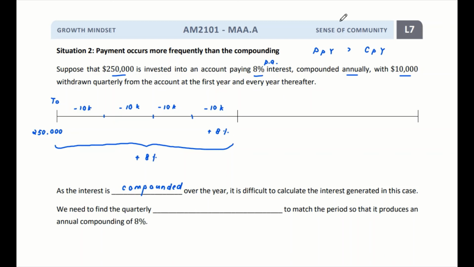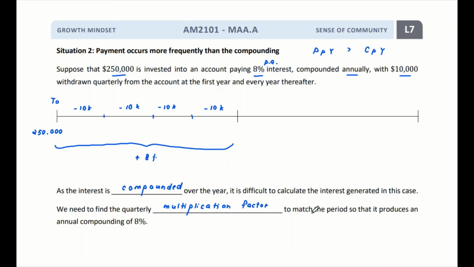So you realize that in this case, it will be much more difficult for us to calculate the interest generated here, because the money in your account keeps on changing. So that's why what we need to do here is find out what is the quarterly multiplication factor.